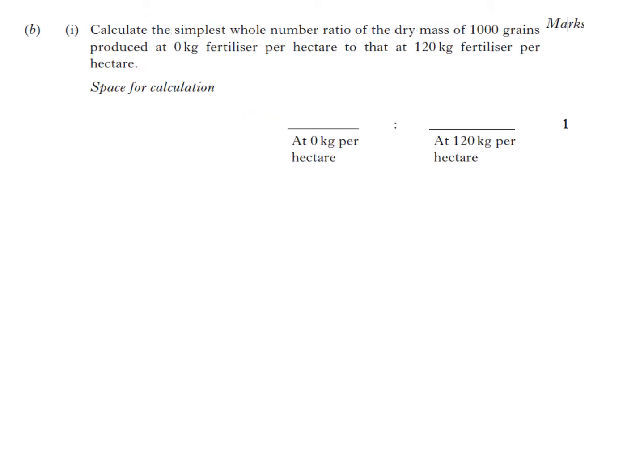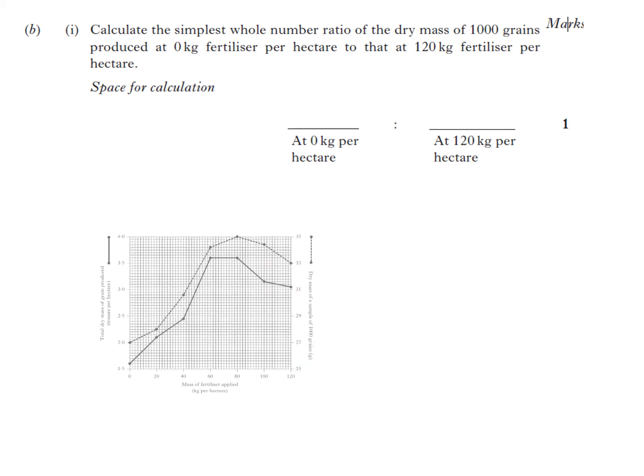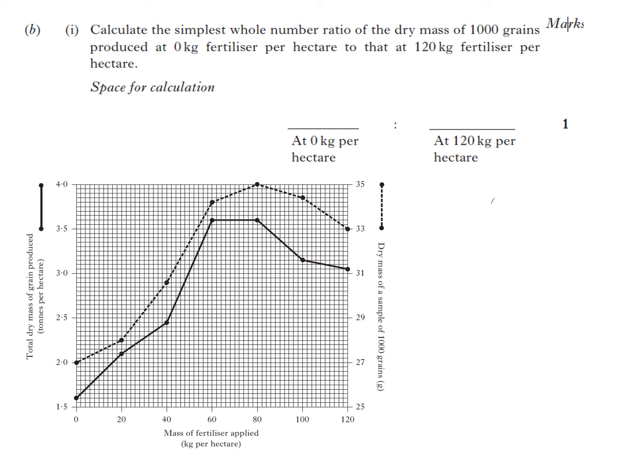Okay, simplest whole number ratio of the dry mass of 1,000 grains produced at 0 to that of 120 kilograms per hectare. So this time we're reading this. Here's our 0 and here's our 120, but this time remember we're reading in this direction.